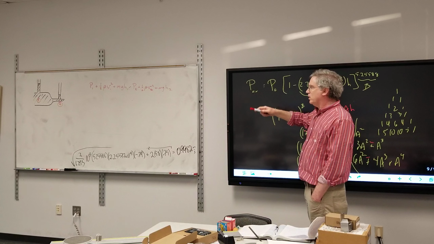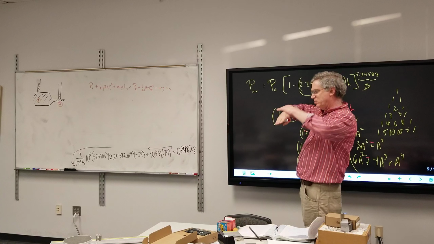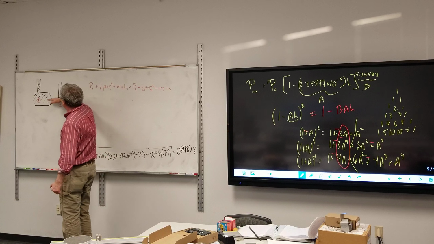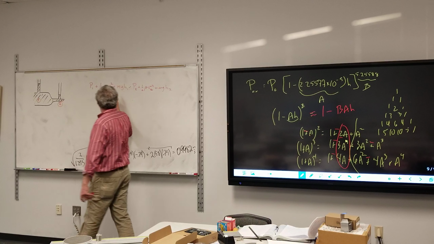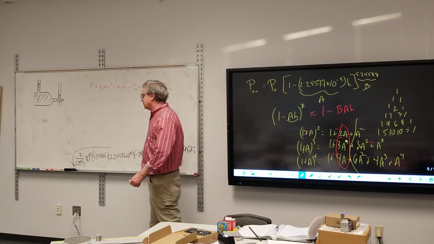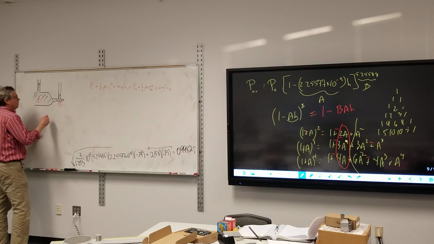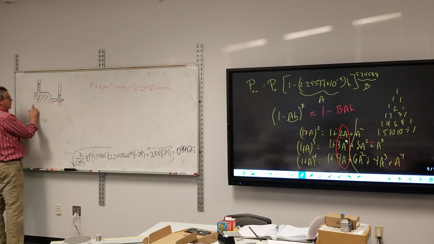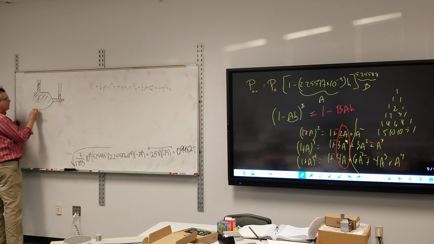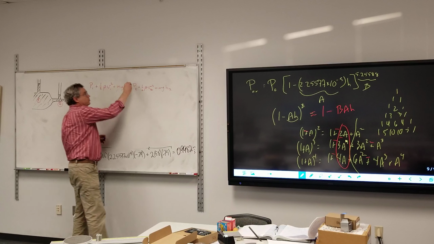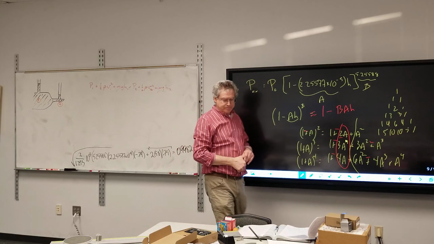I drew it awkwardly. That second piece is supposed to be at the same level as the middle of the first piece. This should be up some. I don't want there to be a change in the net height. Okay, so those two terms I wanted to go away.